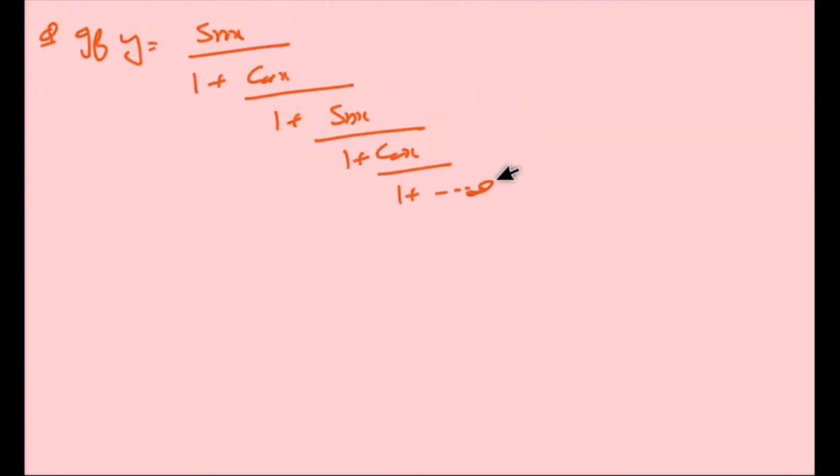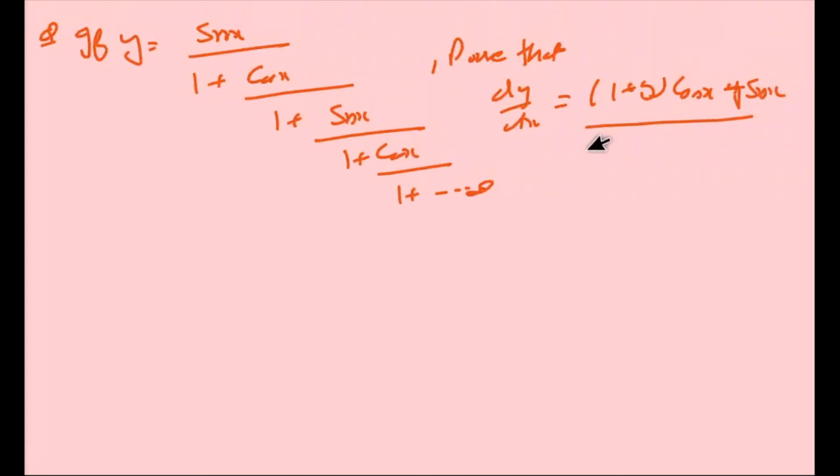If y equal to sin x upon 1 plus cos x upon 1 plus sin x upon 1 plus cos x upon 1 plus and so on to infinity, then prove that dy by dx equal to (1 plus y) cos x plus y sin x upon 1 plus 2y plus cos x minus sin x.